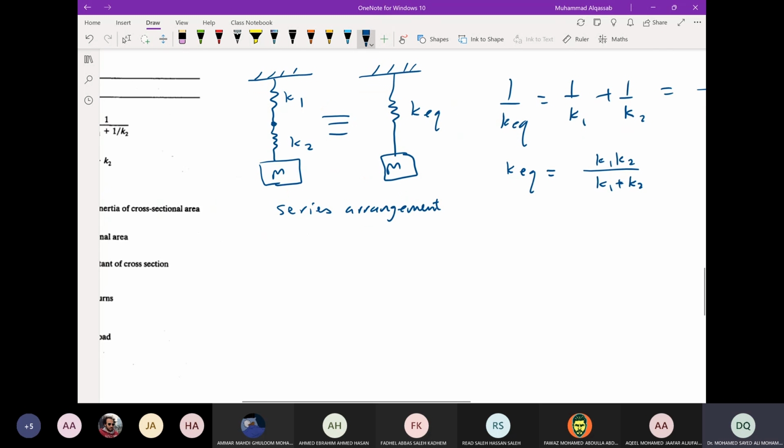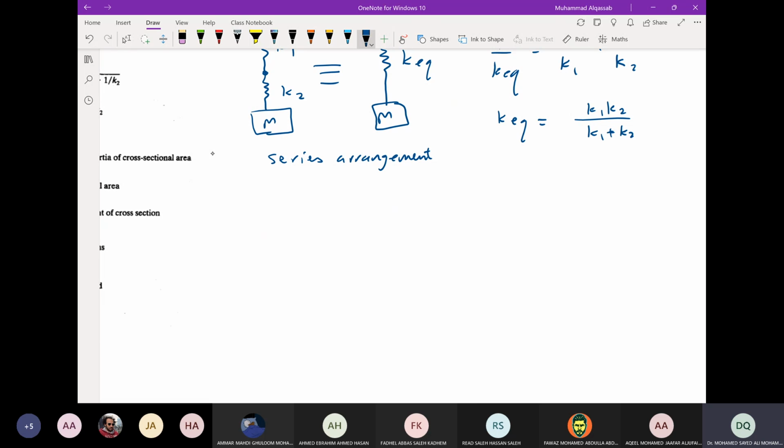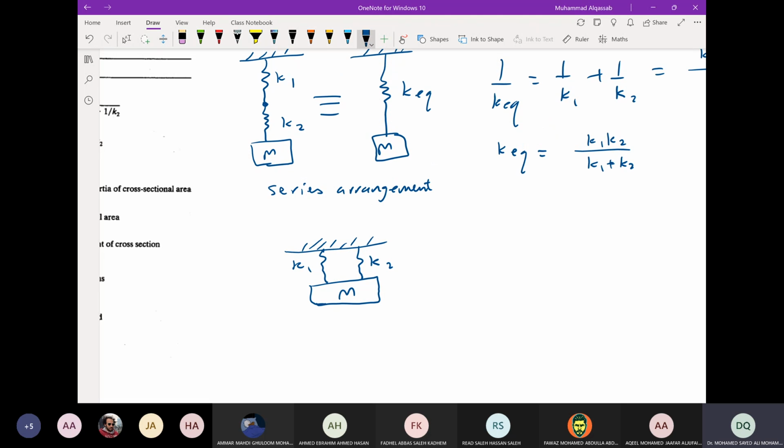It's called series. And if you have parallel, it means that the springs are undergoing the same deflection. So this is K1 and K2. Here in series arrangement, force is the same. For equilibrium, if you just consider the equilibrium, the force is the same on each spring.